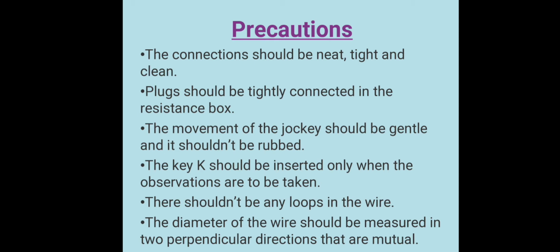The loops in the wire may cause some inductive effect. As we have completed the chapter, we know that inductive effect causes an induced EMF to get produced in the wire, which might affect the readings of the experiment. Further, the diameter of the wire should be measured in two perpendicular directions, to avoid any improper constructions in the wire.